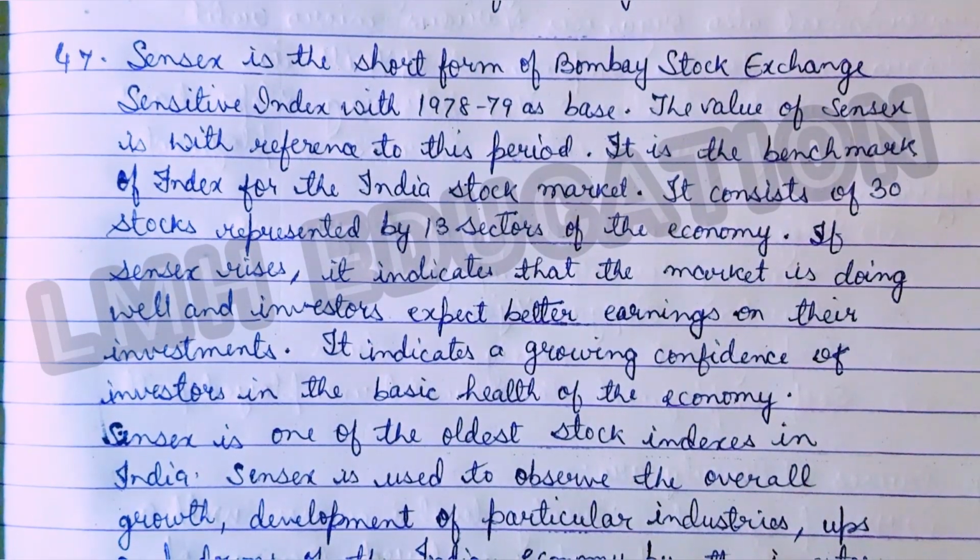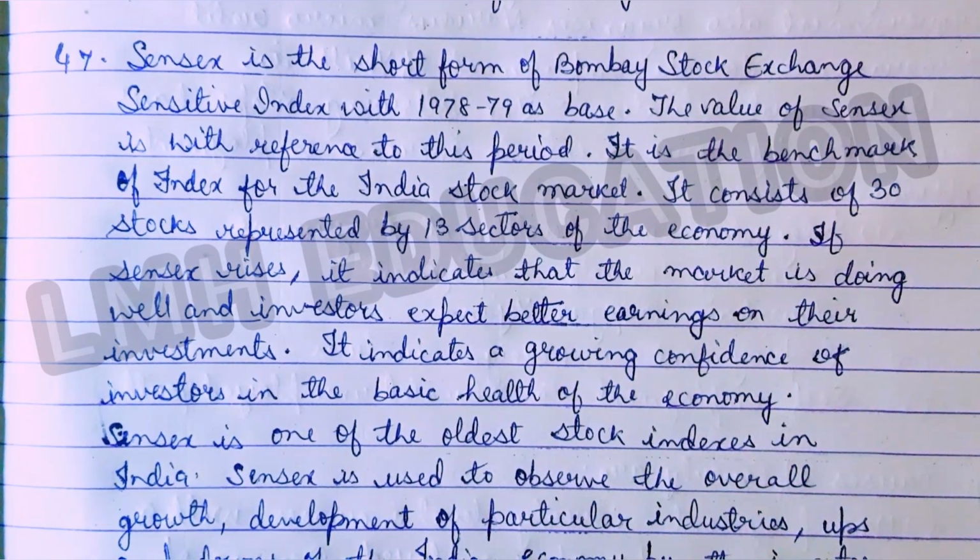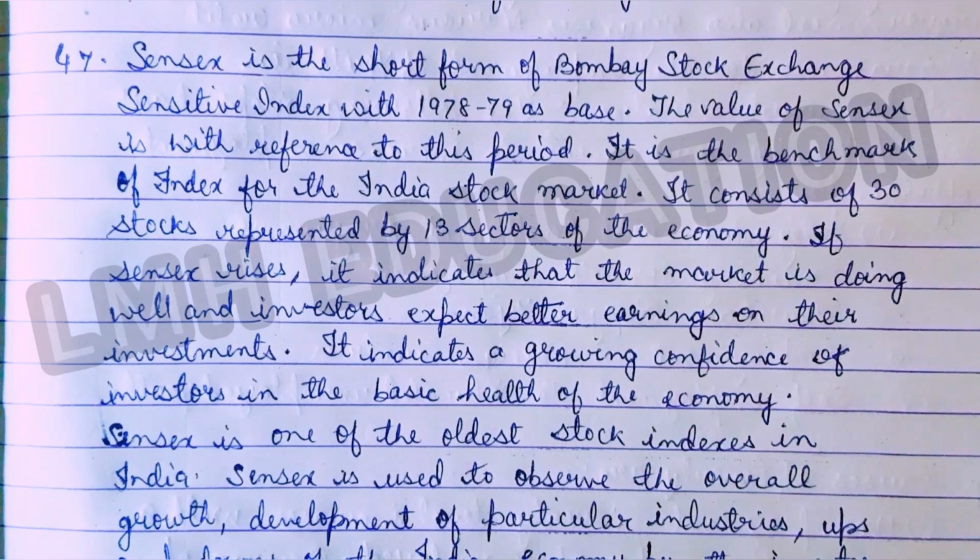In this part, that is question number 11, you have to answer 2 of the following project oriented questions, in which the first one is write a note on Sensex.